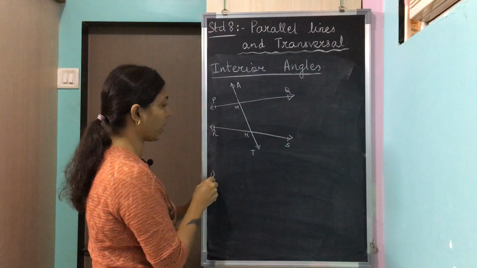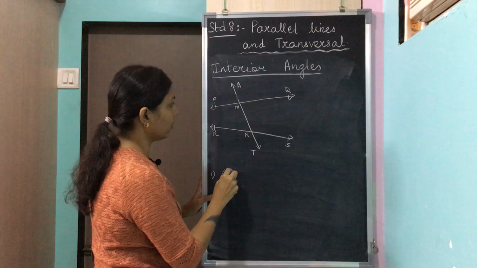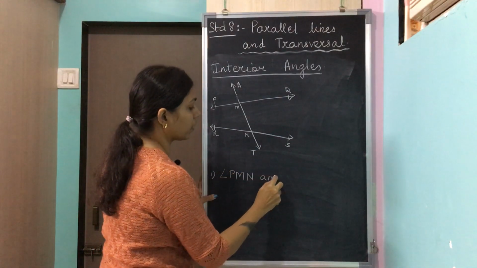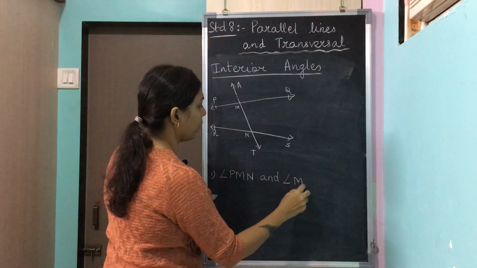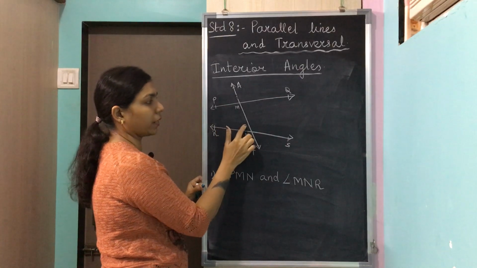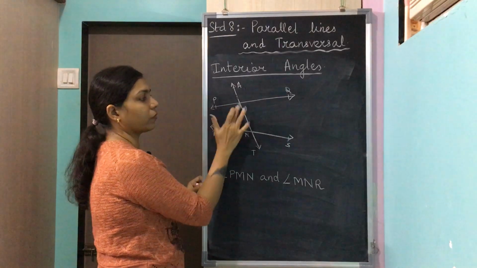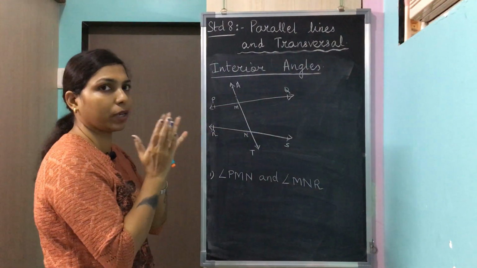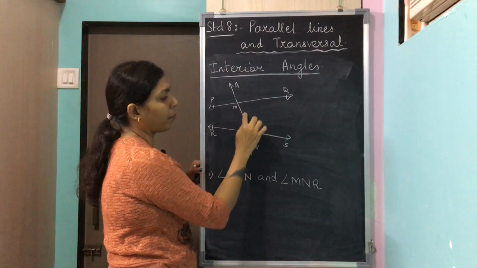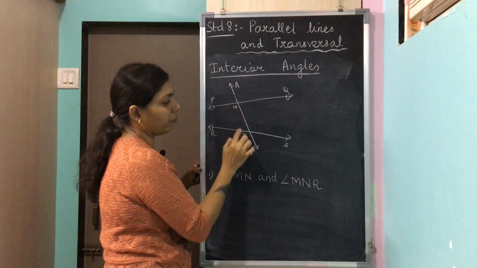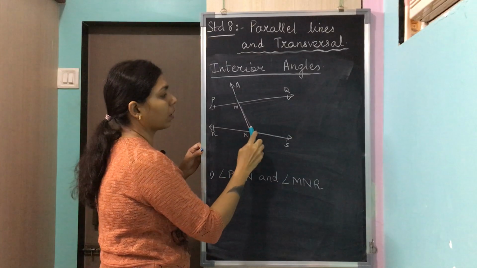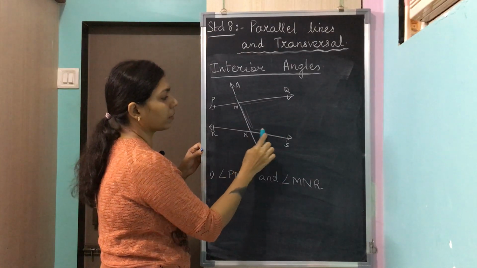So the first pair of angles is angle PMN and the second is angle MNR. Okay, so this angle and this angle form a kind of open box. Then if we look on the other side, you have angle QMN and angle MNS, this formation over here, this angle and then this angle.